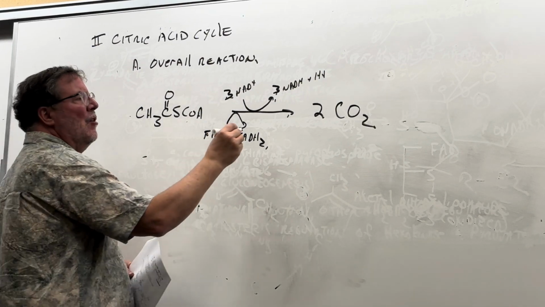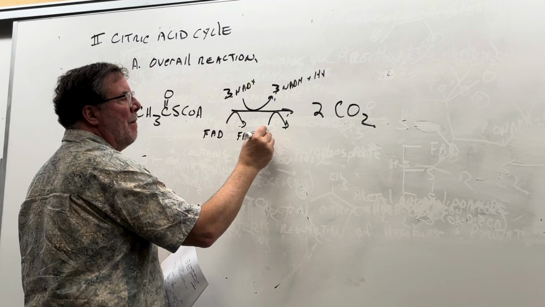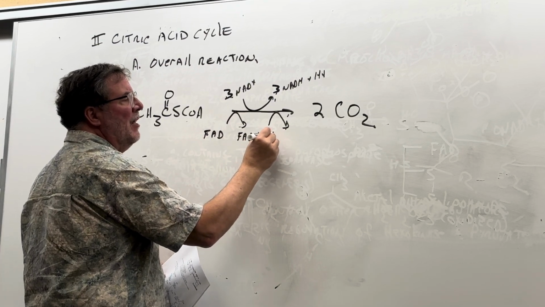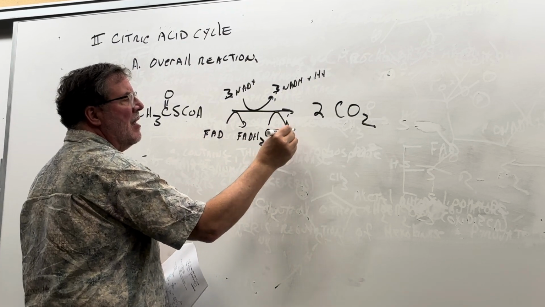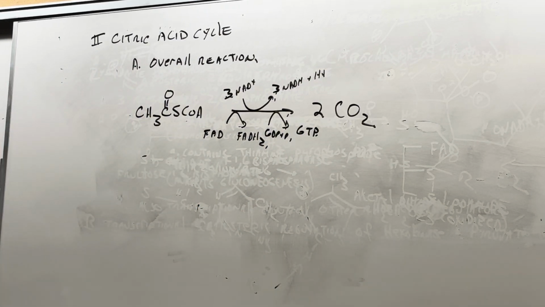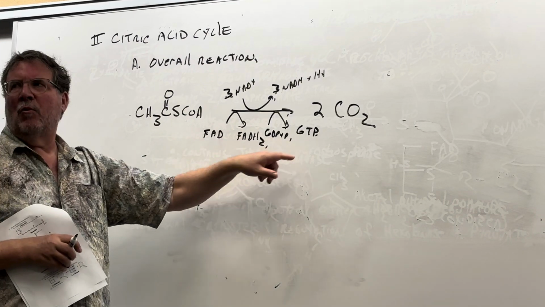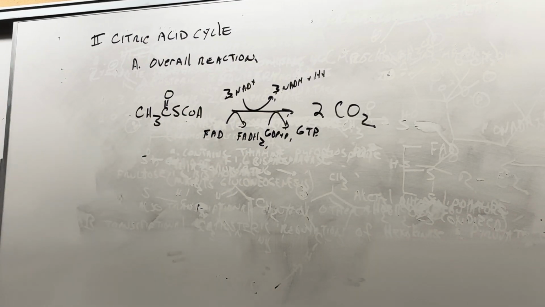And we're going to take GDP plus Pi and make GTP. So we're going to couple the oxidation of those 2 carbons to the transfer of high energy electrons to these high energy electron carriers, and we're going to synthesize 1 ATP from that.